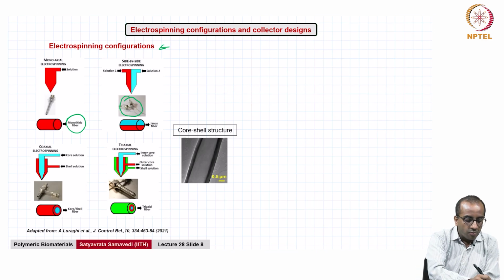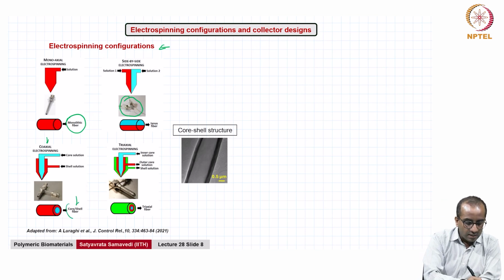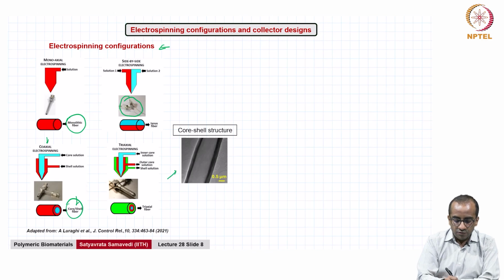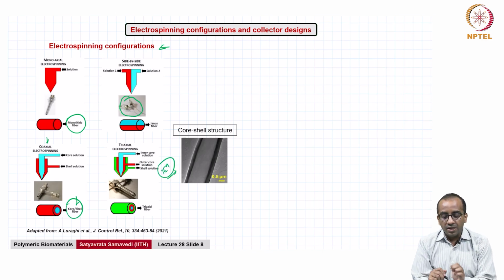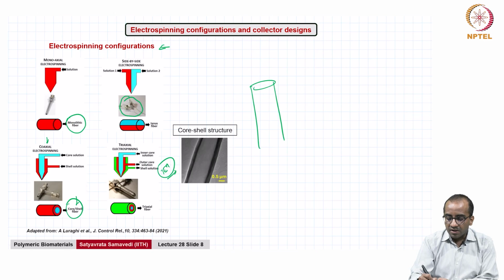Another variant could be a coaxial, where you form a fiber within a fiber structure, right. So this core-shell kind of fibrous structure, and a TEM image of that is shown here, where essentially you have a needle within a needle, and you have one polymer solution flowing through the inner core and another polymer solution flowing through the annulus, such that what you end up getting is a structure that looks like this, where this is the sheath and this is the core.